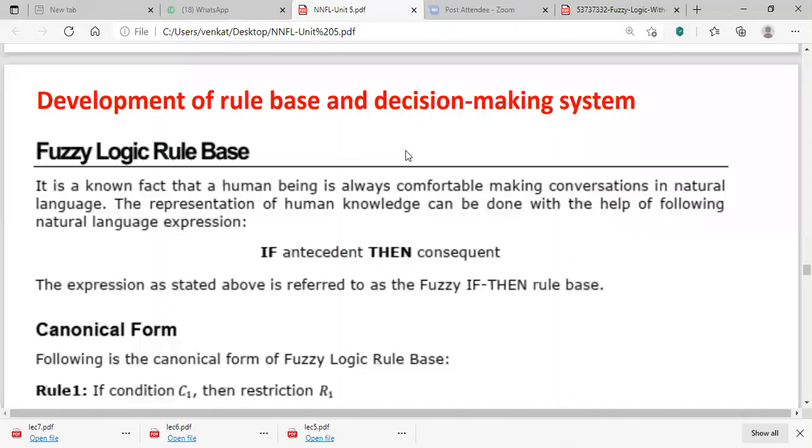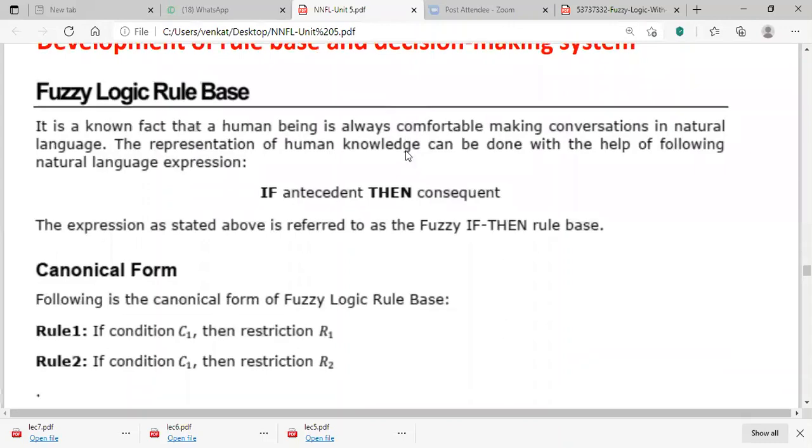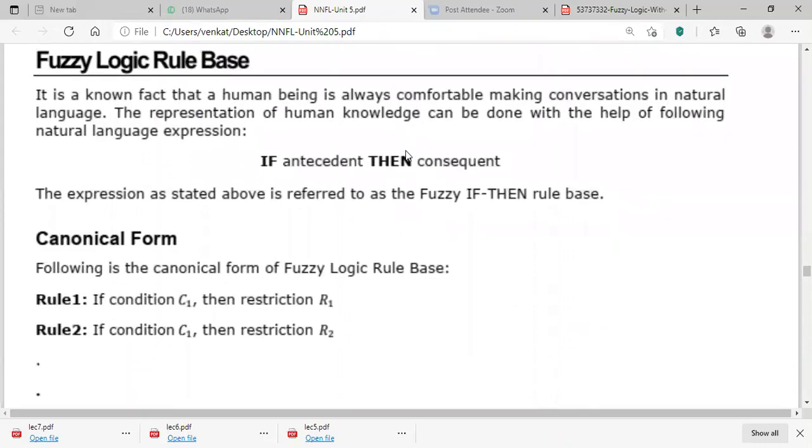Okay, the if then rule we have already learned in our last class. If antecedent, then consequent. This statement is referred to as a fuzzy if then rule base. So usually you will be able to express your fuzzy logic rule base in canonical form.